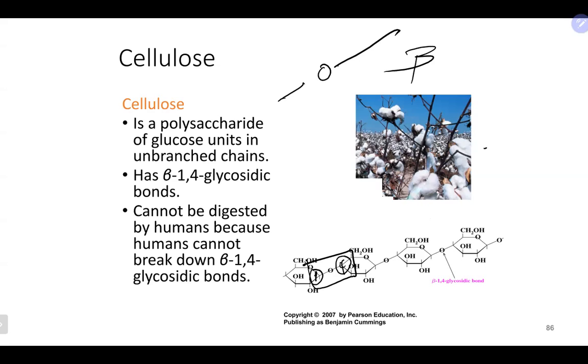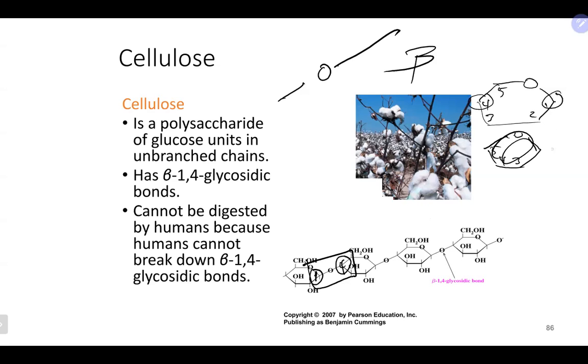So again, if you just draw your rings and number your rings, that is 5, 4, 3. I drew the wrong ring there. It'd be better if you draw the right ring there. Lost me a carbon along the way there. 5, 4, there you go. 3, 2, and 1. So if they go side to side, it's always going to be a 1,4 connection.